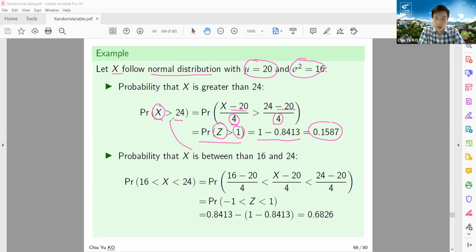Actually, you can go directly from here to here. Later you will see in the Excel, you will call the norm dist here, and norm standard dist here. So that's the difference between the two.